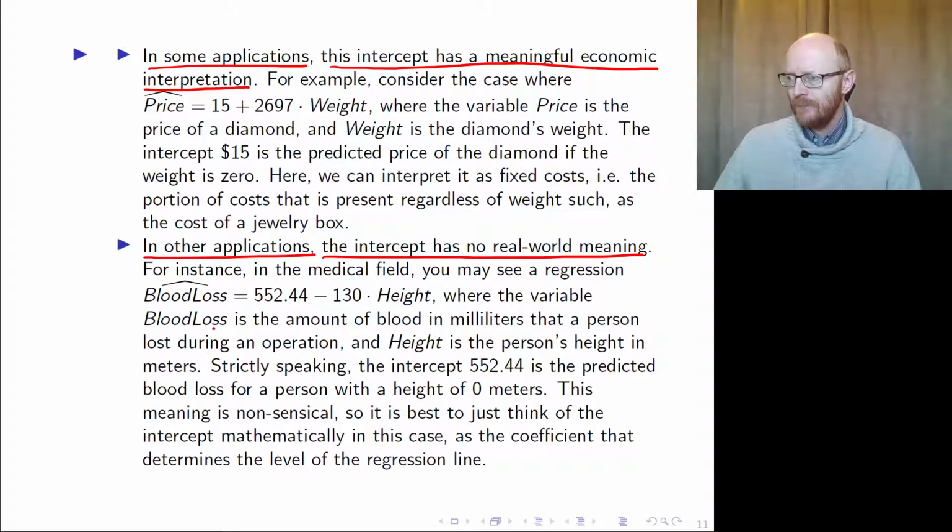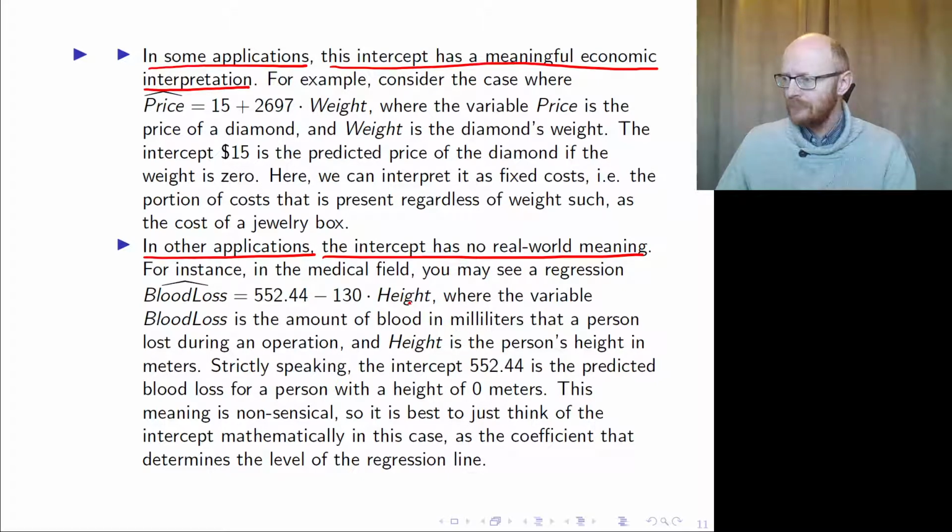For example, we have a medical equation here. The expected average blood loss during an operation is 552 milliliters of blood minus 130 milliliters of blood times the height in meters.